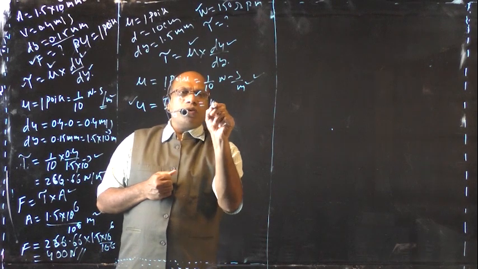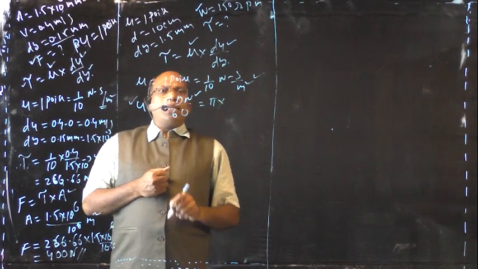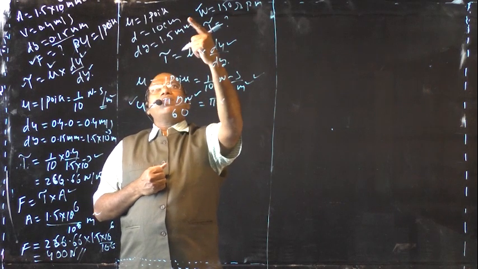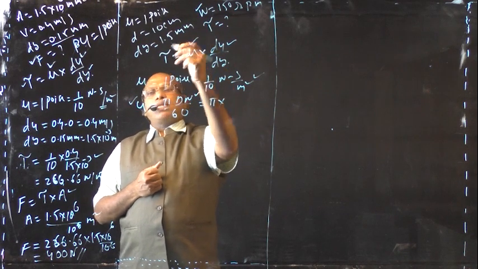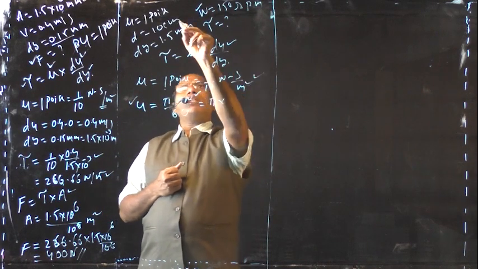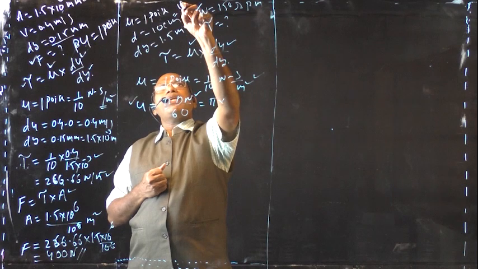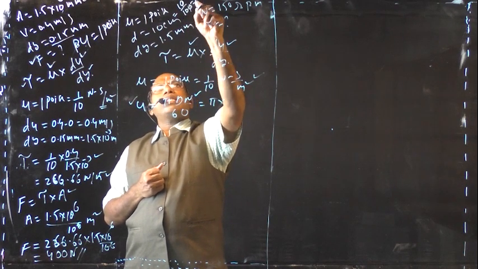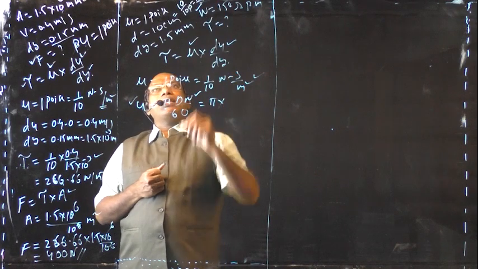Now this is equal to pi into diameter, given as 10 centimeter. First convert into meters. D equal to 10 centimeter, that is equal to 10 divided by 100 meters, that is equal to 0.1 meter.